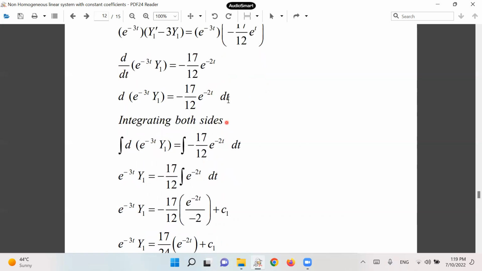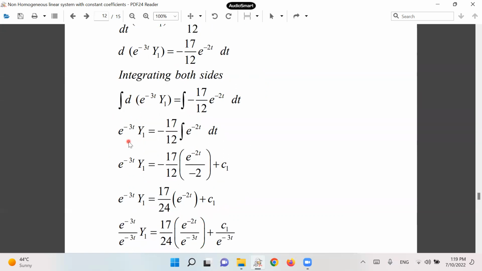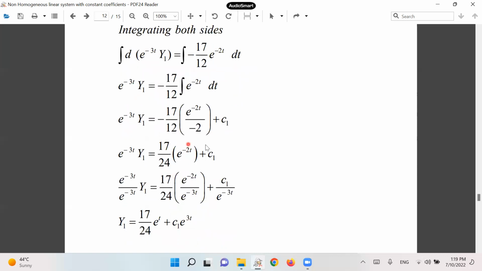Integrate both sides with respect to t. So when we integrate this and this also, so this derivative and integration will cancel out. So on this side, we will get e power minus 3t y1 equals to, take the integration of this. So this is constant, take it out. So when we take the integration of e power minus 2t it will be over minus 2, and just then multiply them and simplify them, plus the constant of integration, that is c1.